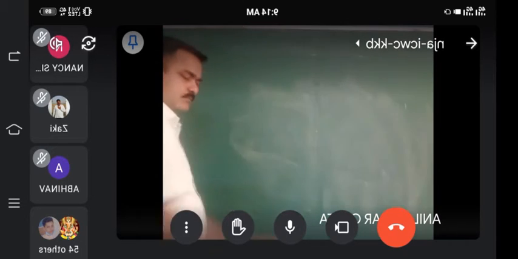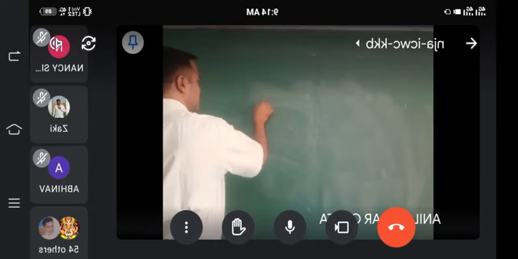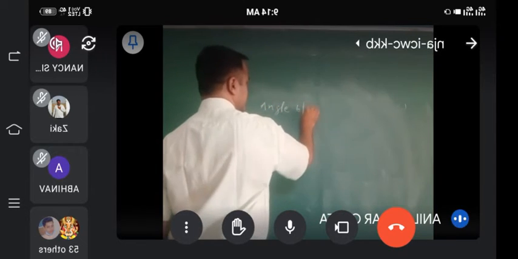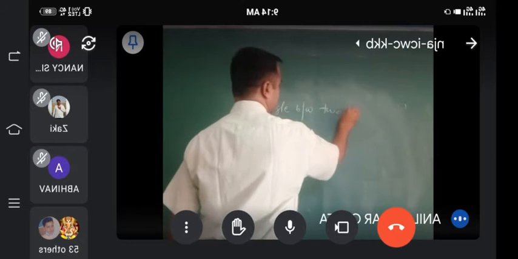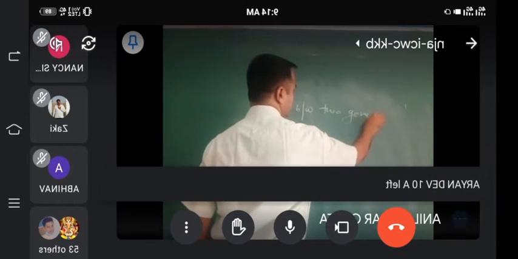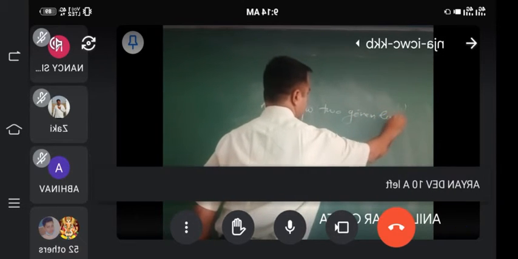The next one is angle between two given lines.